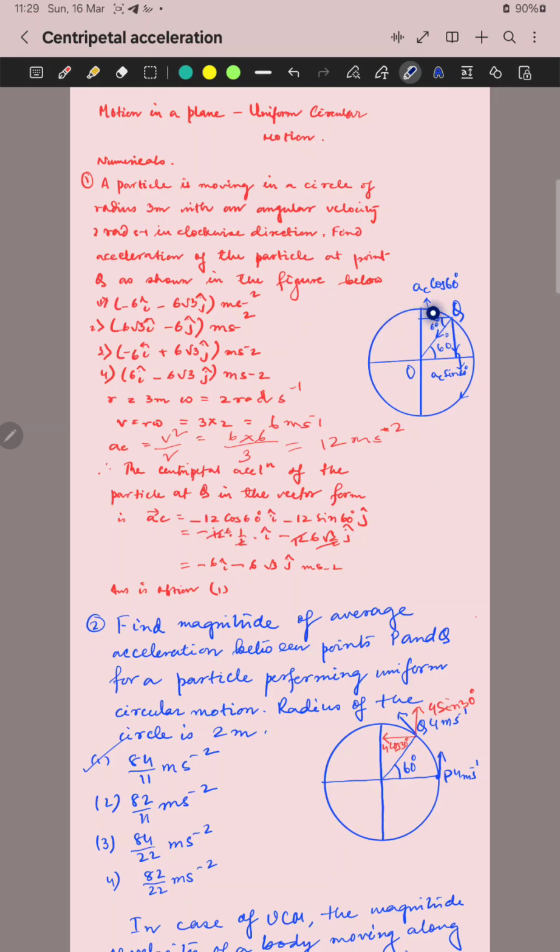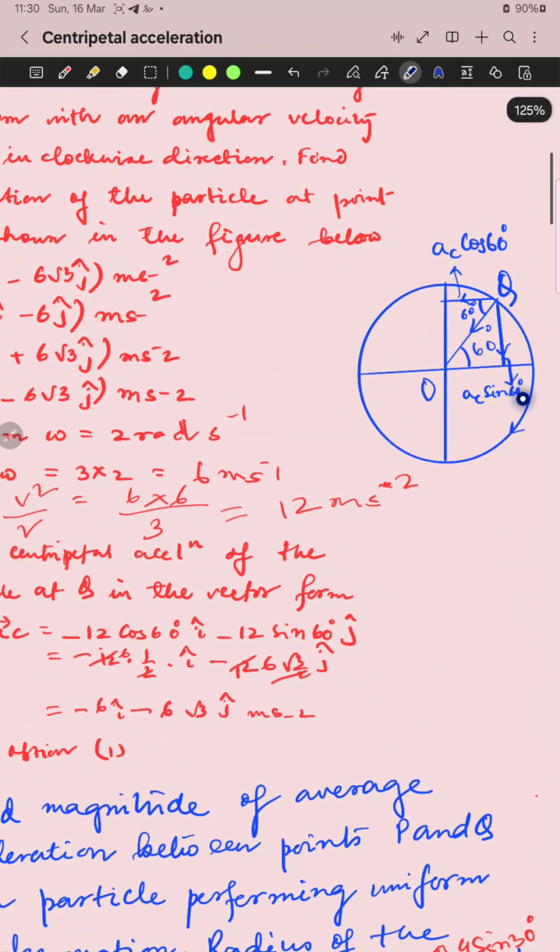Because we can see from the figure the x component is towards the negative direction of the x axis. Similarly, the y component, which is AC sin 60 degree, is also directed along the negative y direction. So here also we have to take the minus sign, and the values after substituting give us minus 6 i cap minus 6 root 3 j cap meter per second square.